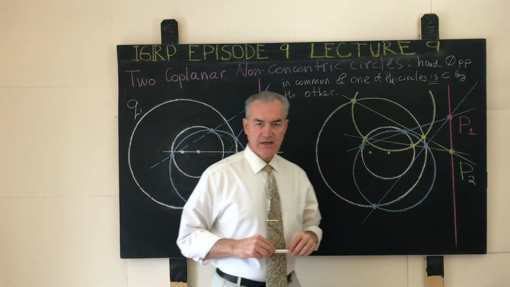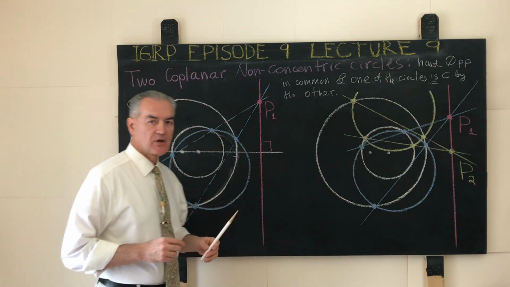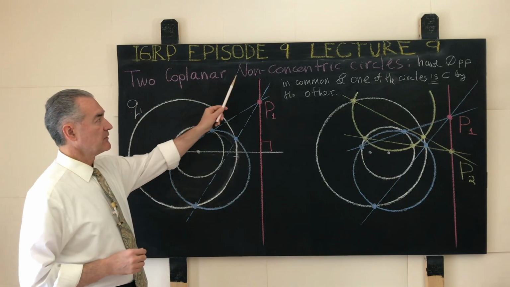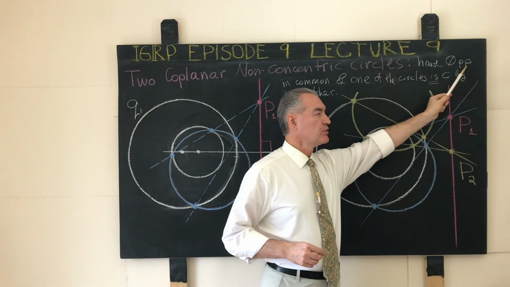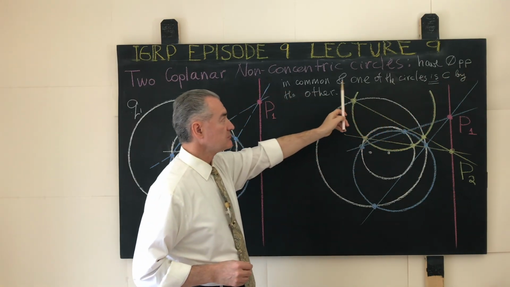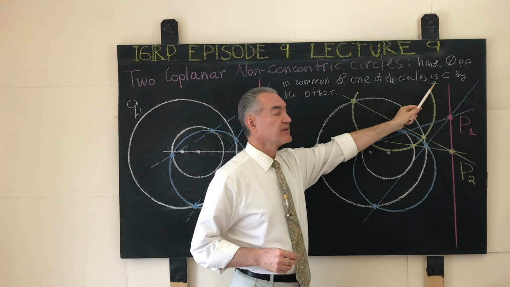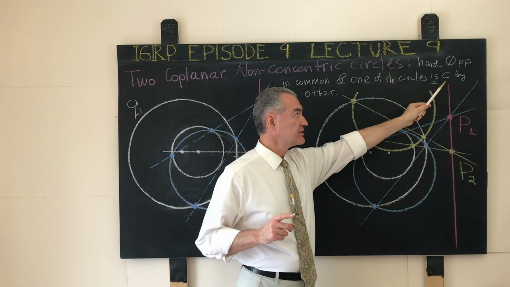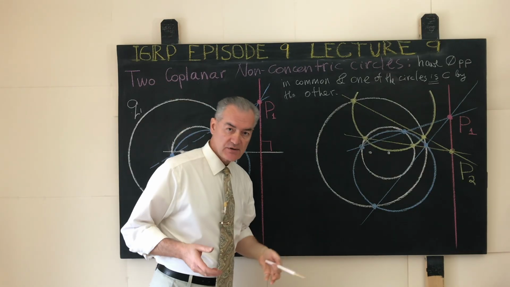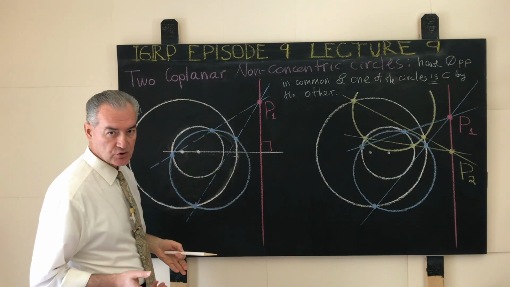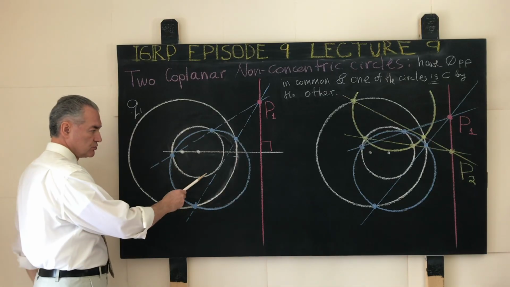Lastly, we consider the case when any two coplanar non-concentric circles have 0 points in common, and one of the circles is contained by the other. Again, without loss of generality, we can say, for example, the circle Q2 shown over here.